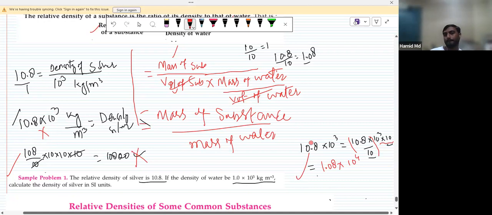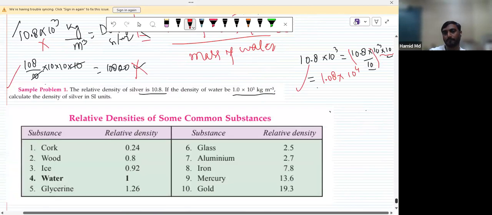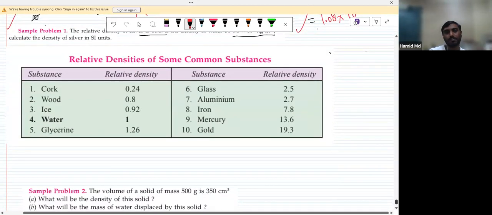Now the confusion is erased, I think. Yes, I understood. So you understood the procedure as well? Yes. I won't ask you much because in your standard this is too much. These are some relative densities of objects because we are calculating with respect to water.